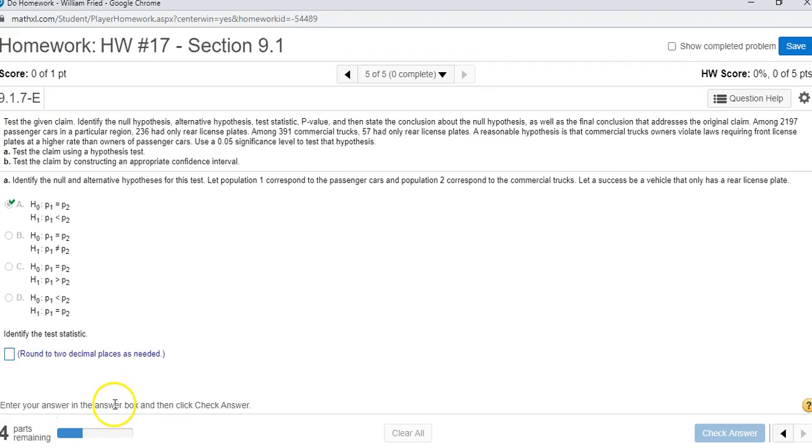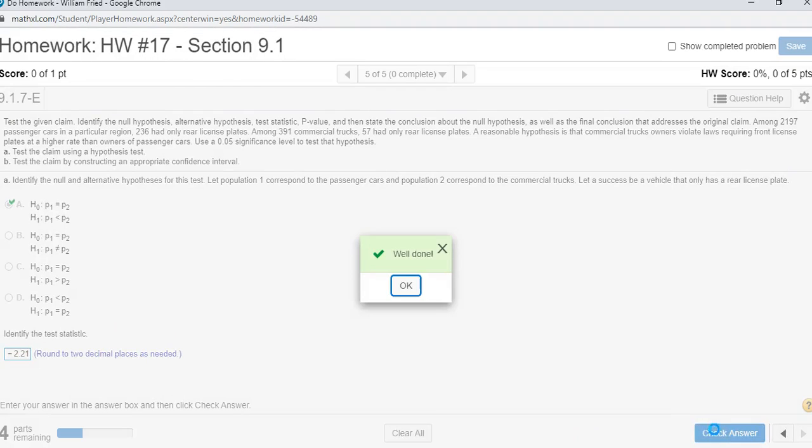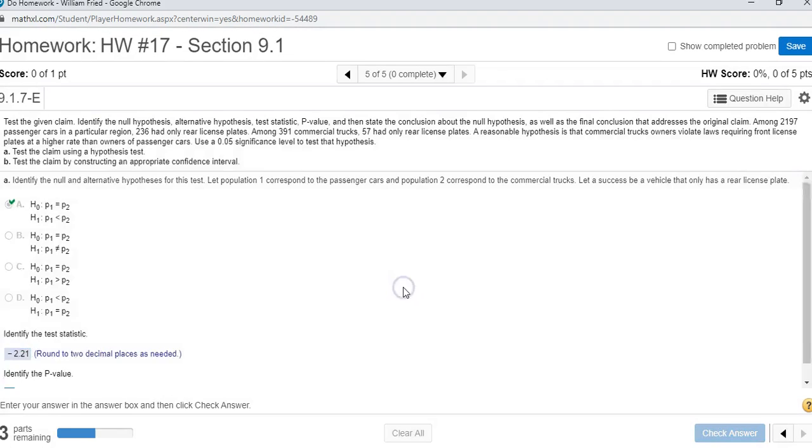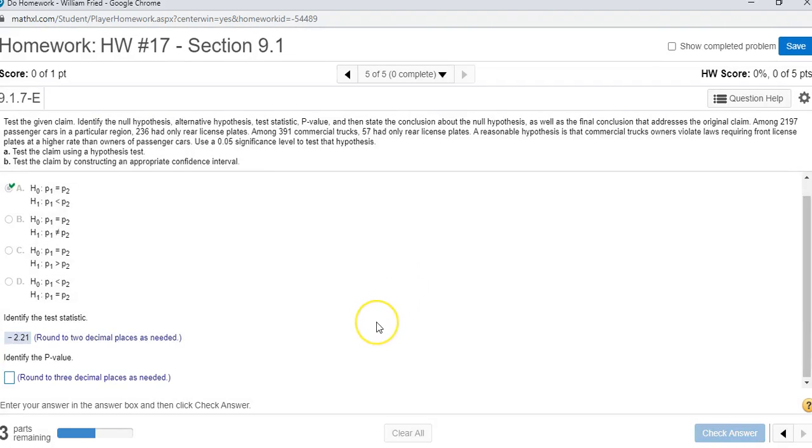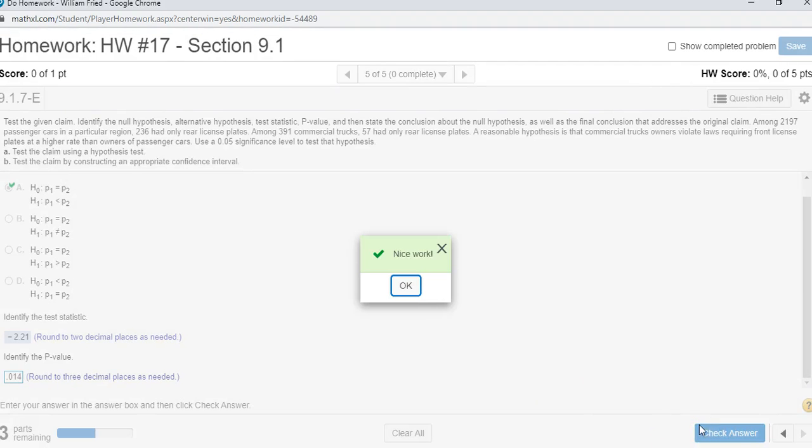The test statistic to 2 decimal places is negative 2.21. For the p-value, they want 3 decimal places, 0.014.